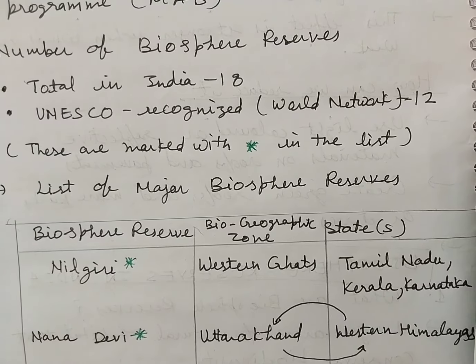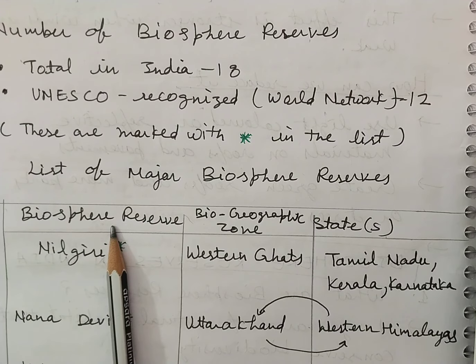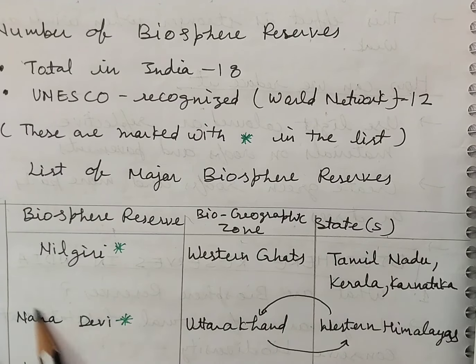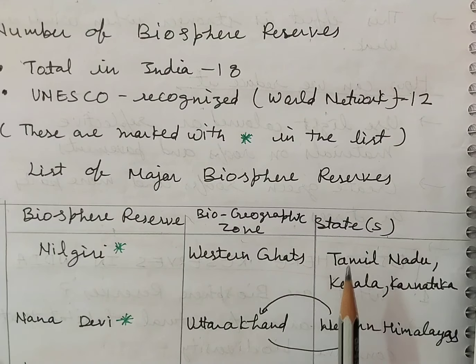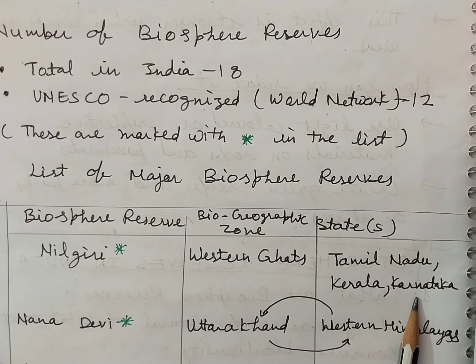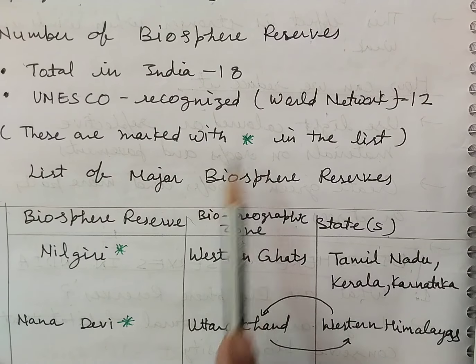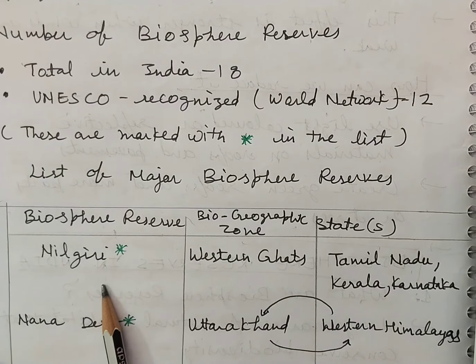Now this is the list of major biosphere reserves. Biosphere reserve, their biogeographic zone and the state, like Biosphere Reserve Nilgiri, Western Ghats, Tamil Nadu, Kerala, Karnataka. Now this is marked with a green star, so this is UNESCO recognized.